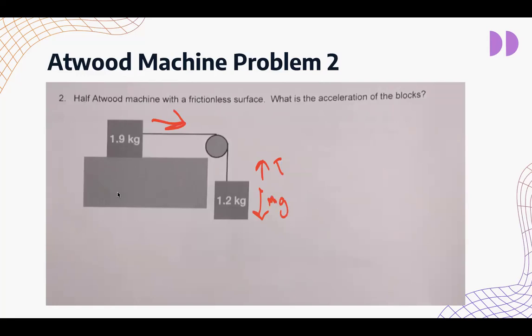In this case, we covered the normal force upwards, tension this way, gravity downwards, but these don't really matter because they cancel out, and we only need this one, correct? That's basically what a free body diagram is.